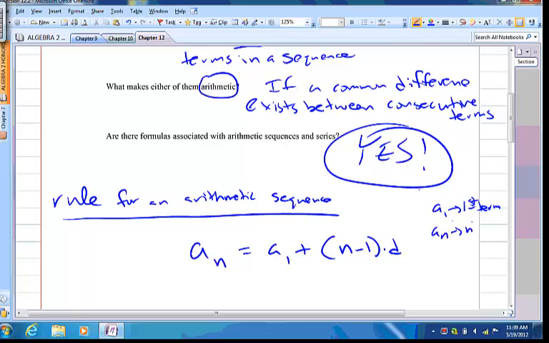AN will be the nth term, meaning whatever term you're looking for. If you're looking for the 5th term, n would be 5, or the 6th term, n would be 6. N will be the number of the term. So again, if you're looking for the 6th term, you plug in 6 for n. And D will be the common difference.